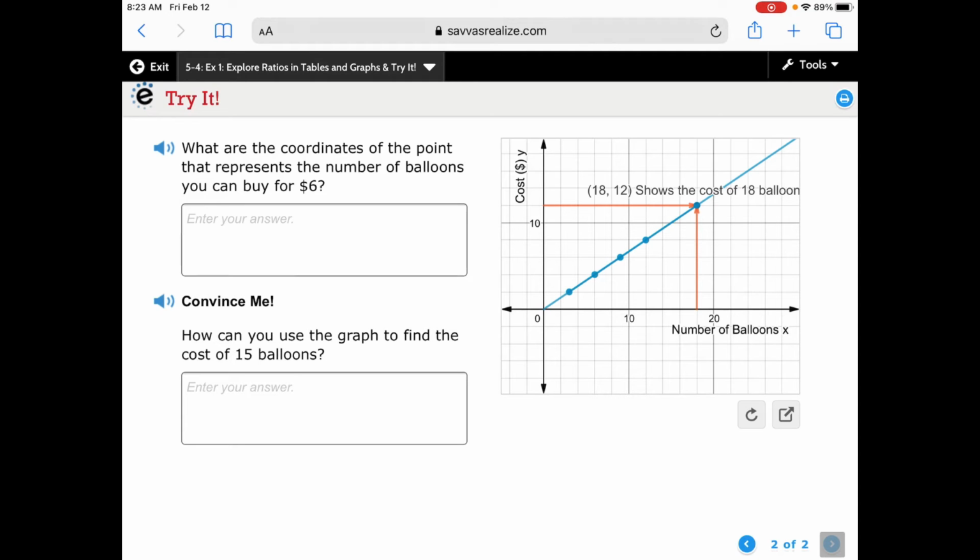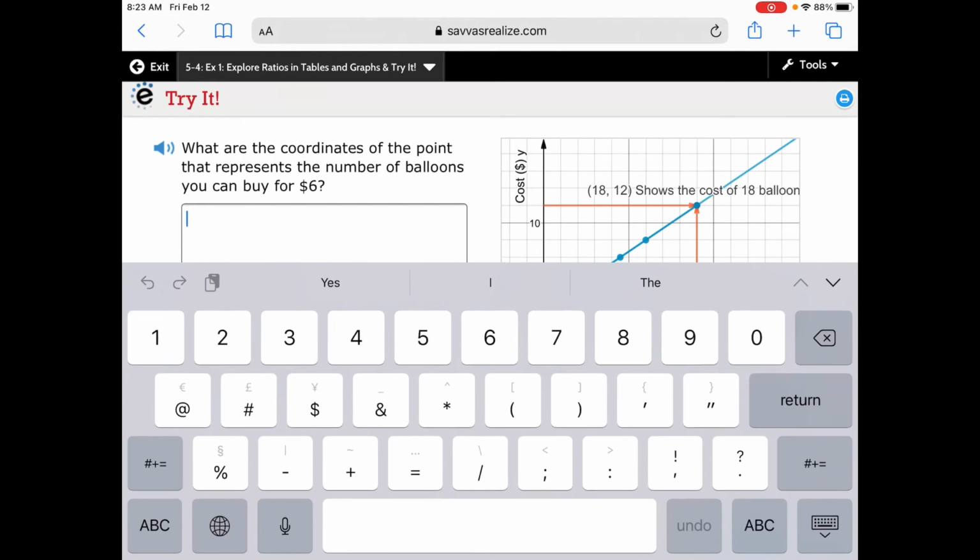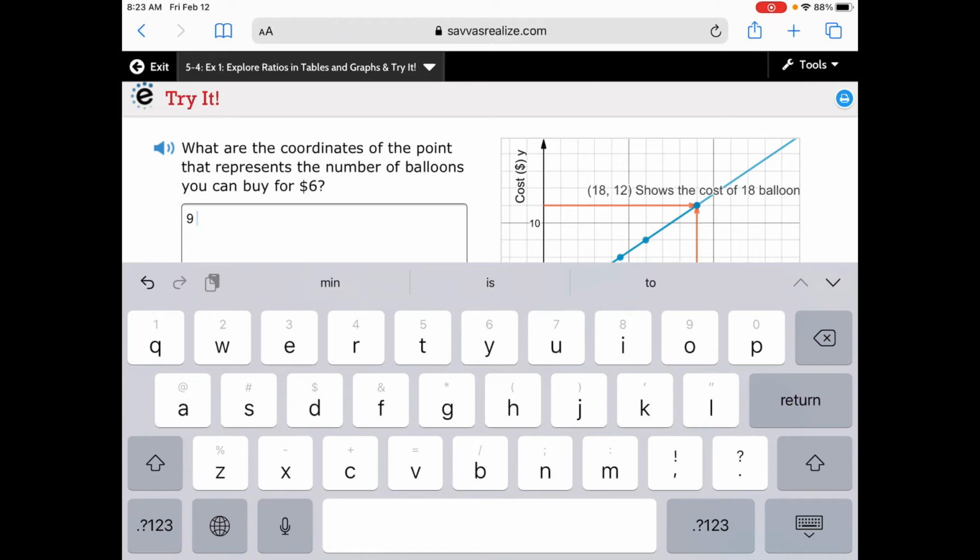So if we look here, this is 2, 4, 6, 8, 10. All right, so 6 is right here. This will be right in between, so it's going to be, I'm sorry, 9. It'll be 9 balloons.